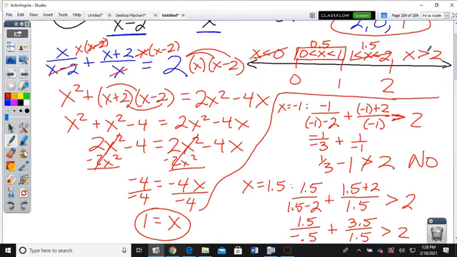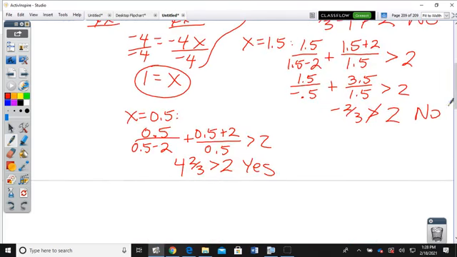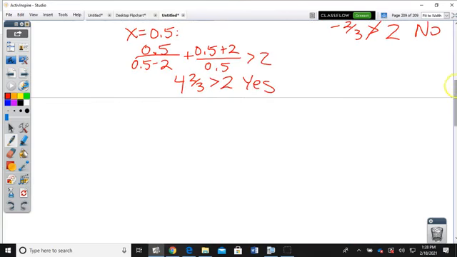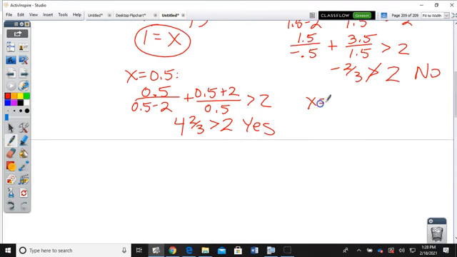And then finally, we try something bigger than 2, let's say 3. So x equals 3. Again, just plugging it in: 3 over 3 minus 2 plus 3 plus 2 over 3. Is that going to be greater than 2?